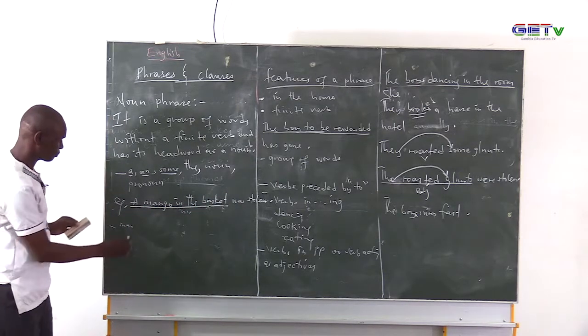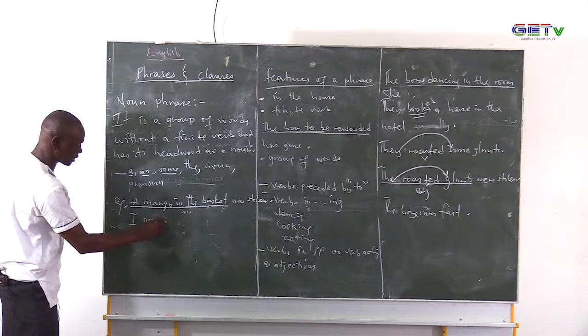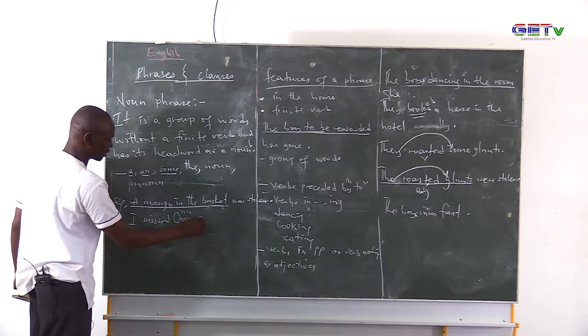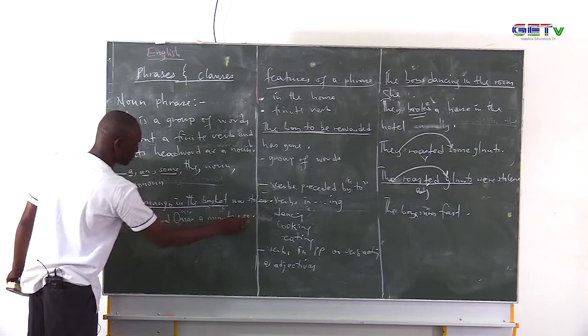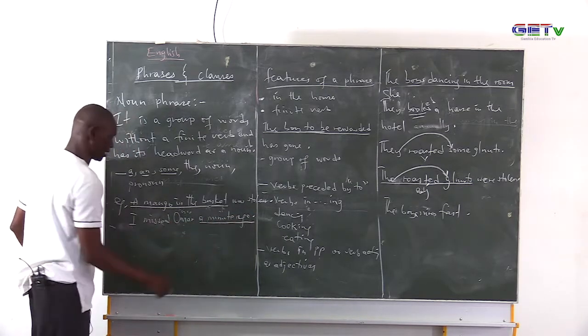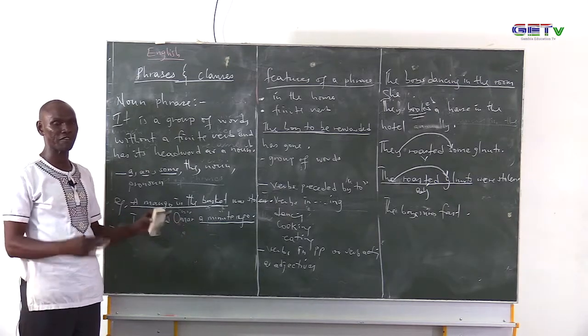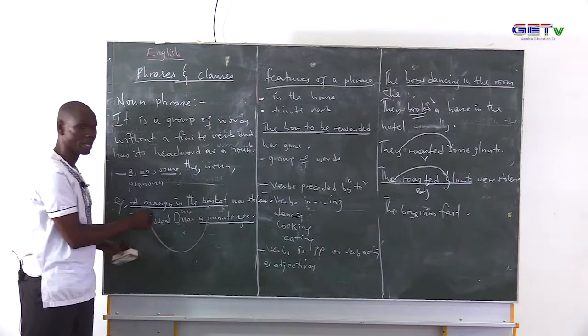If you say, I missed Omar a minute ago. Now, a minute ago, by looking at this, is indicating time. And that's why it becomes adverbial phrase of time. And then it modifies the verb missed.